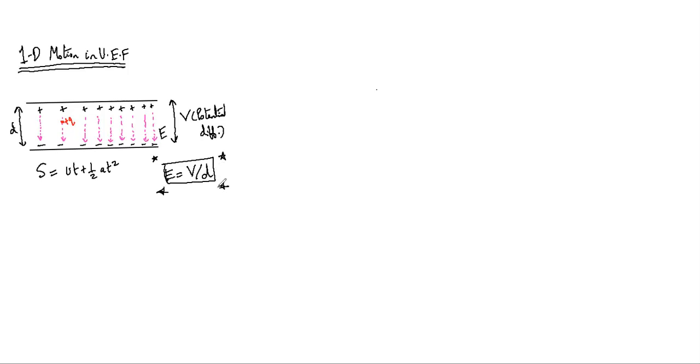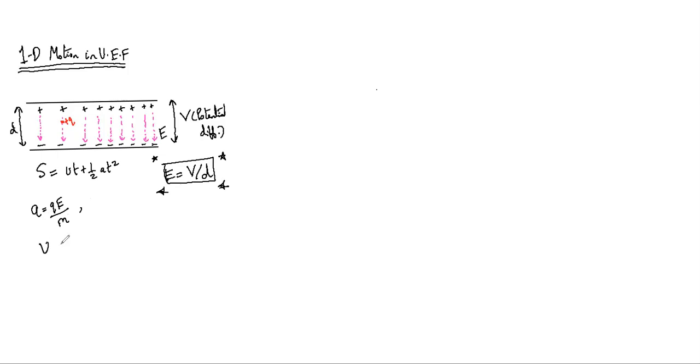Basically, electric field is potential per unit distance. We'll learn about this more in later classes. So basically, you know, acceleration equals qE by m. This will be force by mass, and then you can solve.